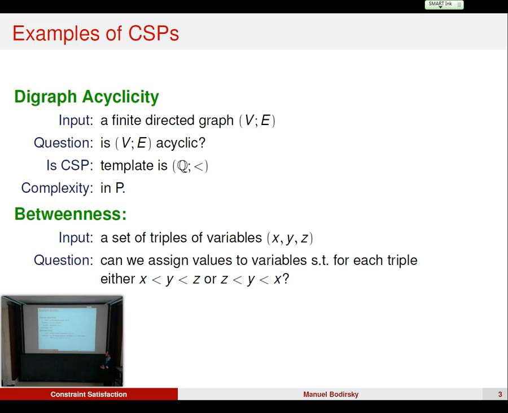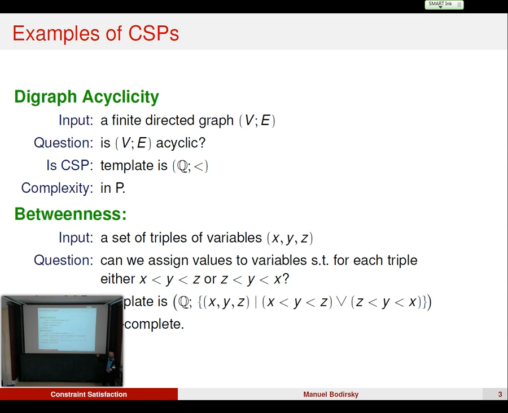This is called the betweenness problem in theoretical computer science. It's now straightforward to pick the right template. We just pick again Q and choose the right ternary relation so that the homomorphism problem for this template is precisely this betweenness problem, which is very famous in theoretical computer science, with many papers about it.